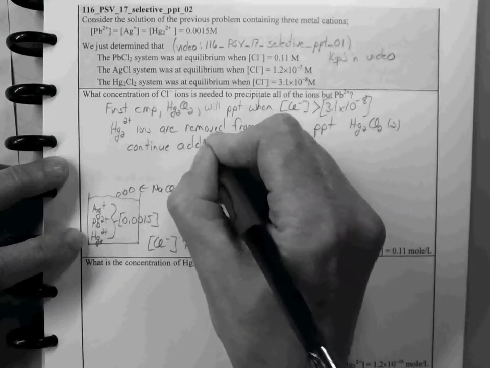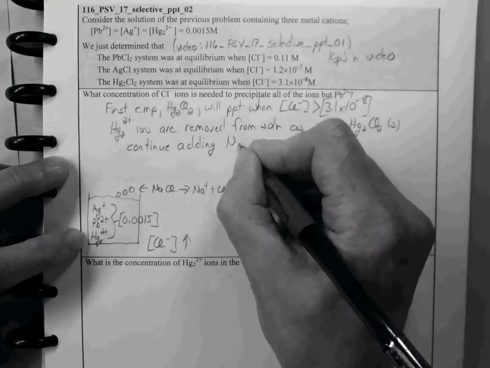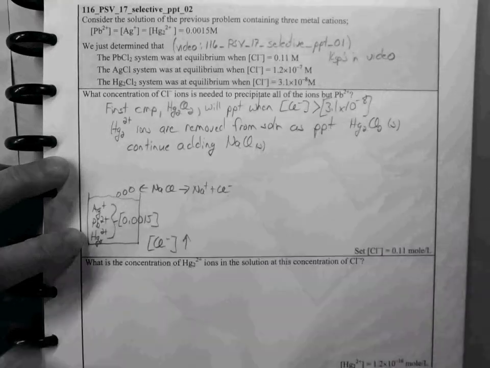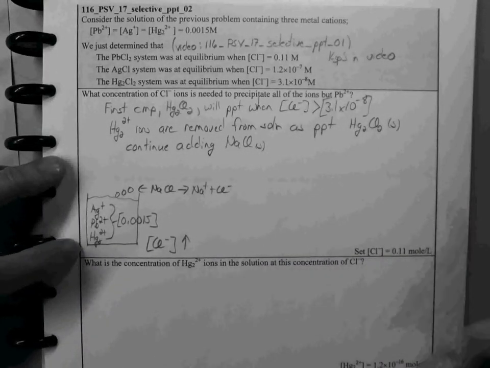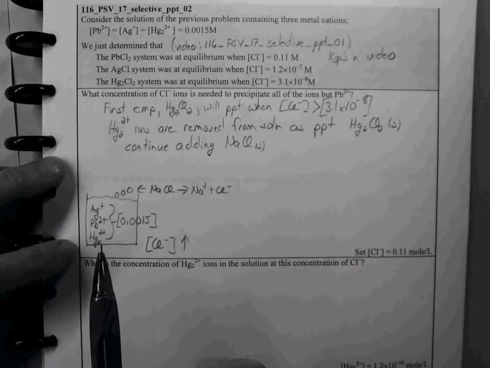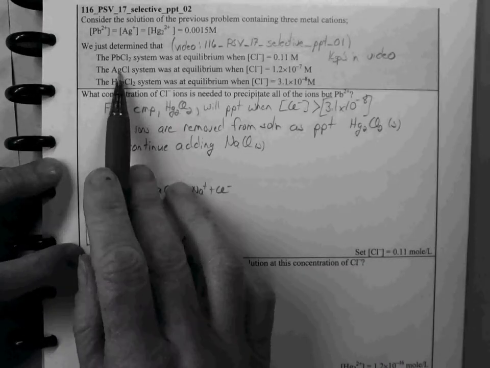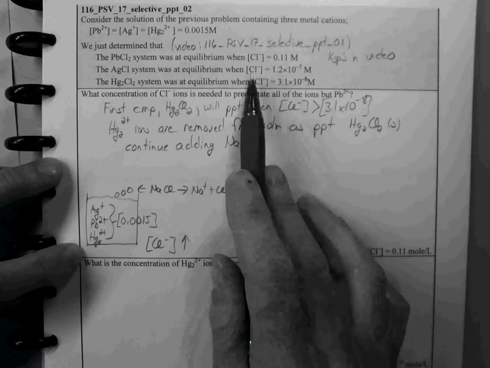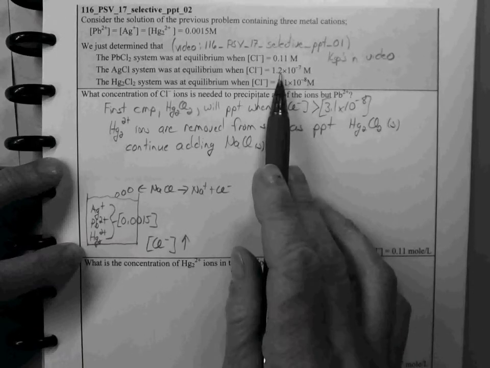We continue adding sodium chloride solid, and the next chloride to precipitate is silver chloride, and that occurs when we have a chloride ion concentration greater than this value.